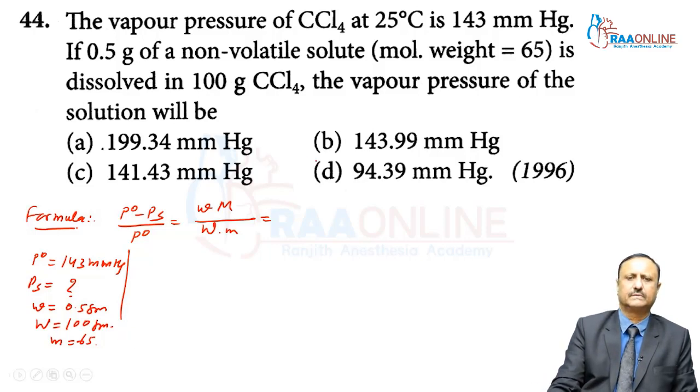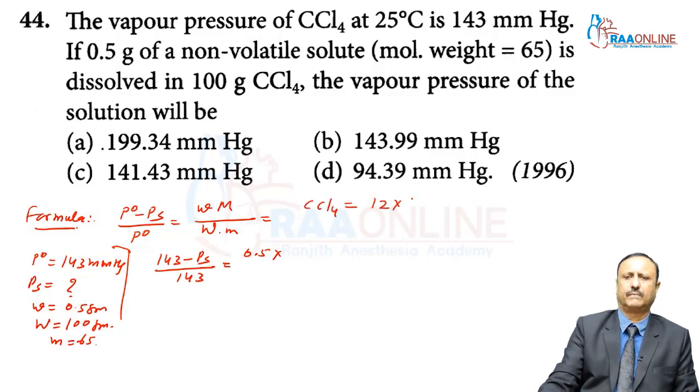We can put the values here. P0 143 minus Ps upon P0 143 equals small w 0.5 multiplied by capital M. Here capital M is the molecular weight of the non-volatile solute, which is 65, and capital M of CCl4 you can calculate: 12 plus 35.5 multiplied by 4.